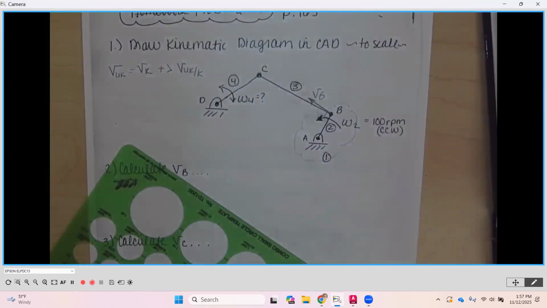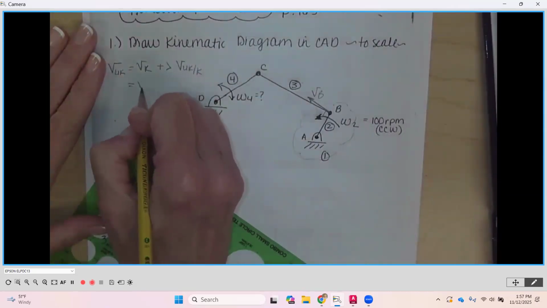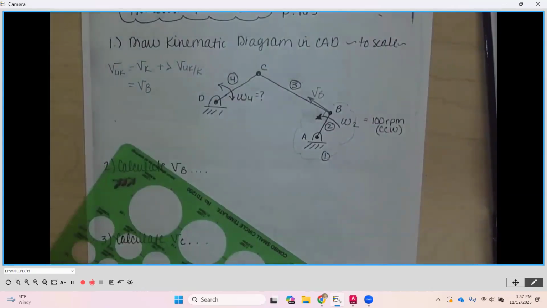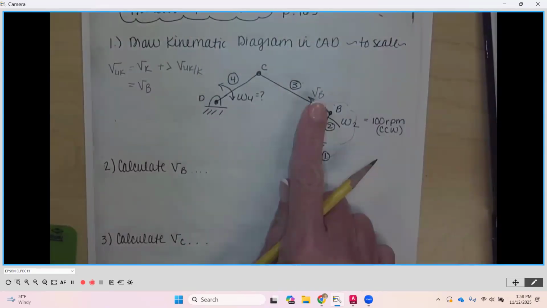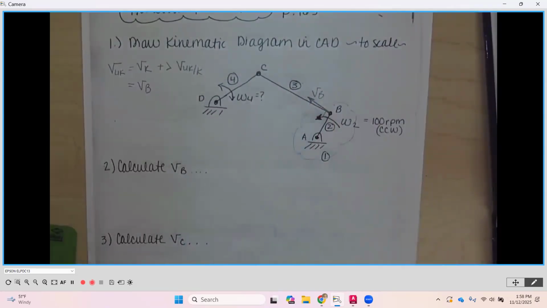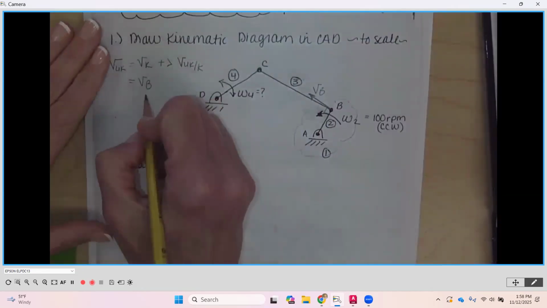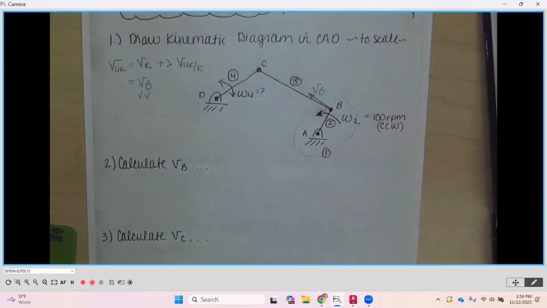Okay. So my known link is going to be the velocity of B. And I can calculate its magnitude because I know how fast that link is going and how long it is. So I'll be able to get its magnitude and direction. Both will be known after step number 2.